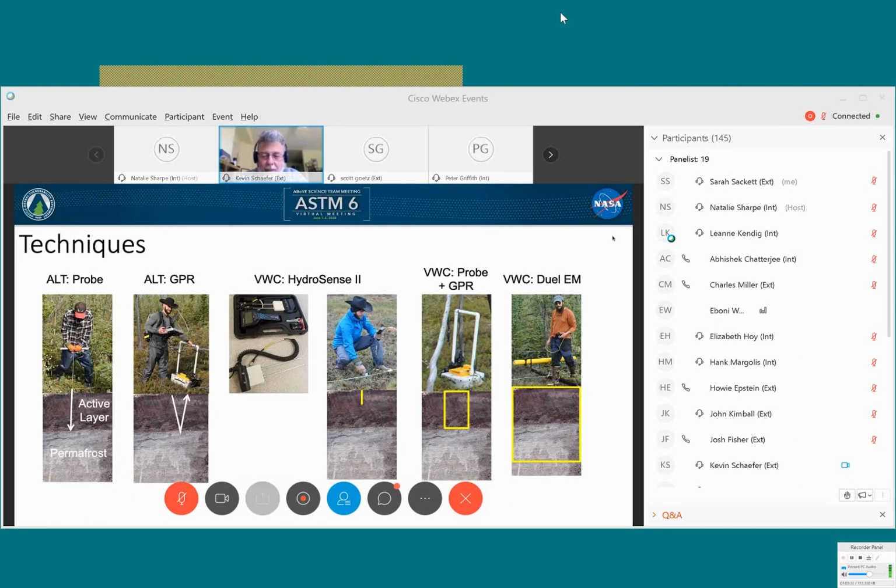This is essentially a metal detector, and it gives you a 1 meter wide footprint. Although one of our guys had steel-toed shoes, and whenever he made the measurements, it seemed to screw them up completely. So we had to have them stop doing that. But these also provide a depth average volumetric water content for the active layer.